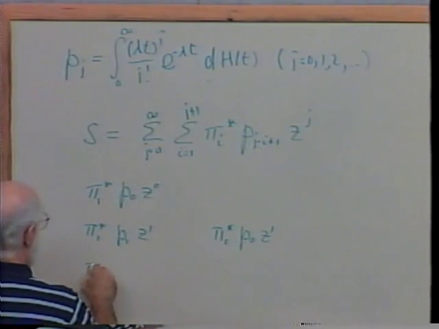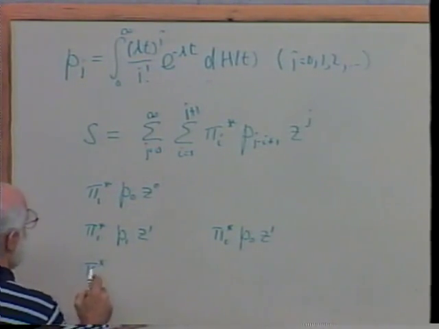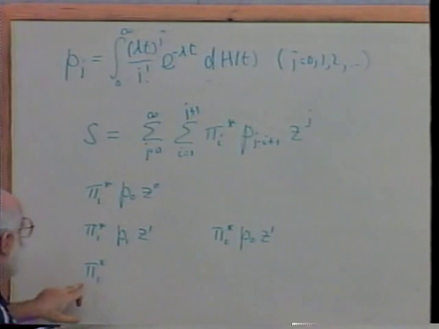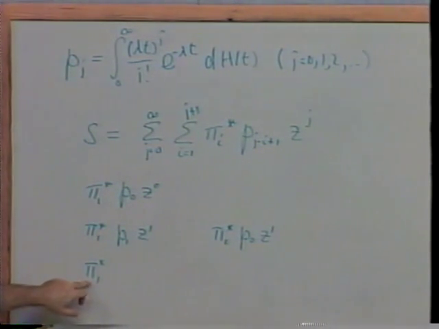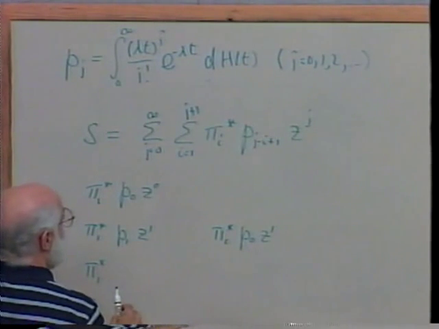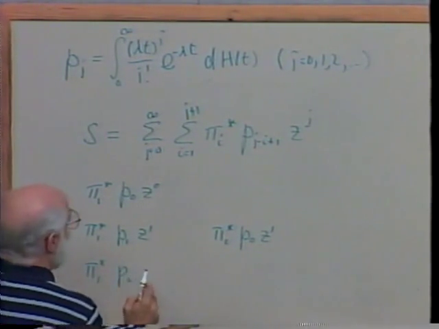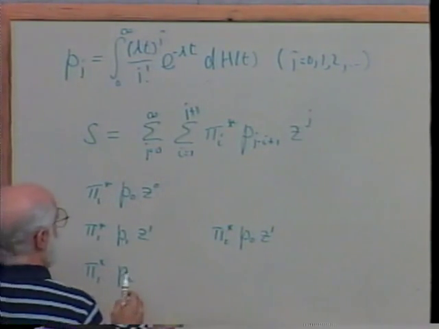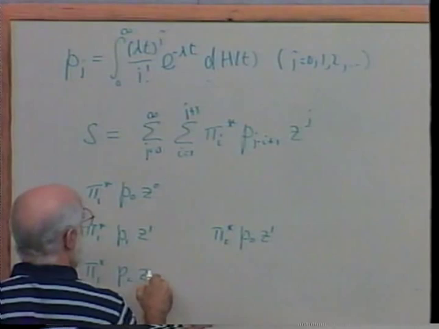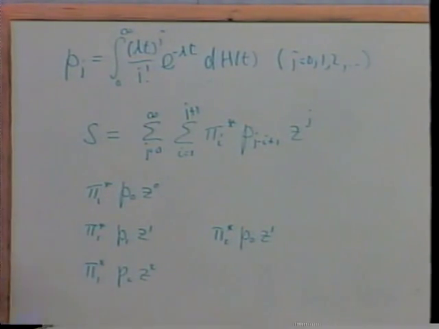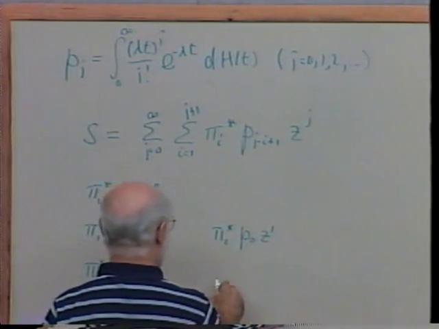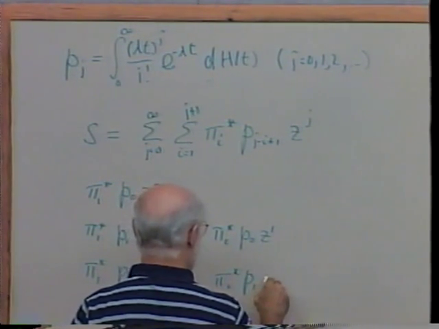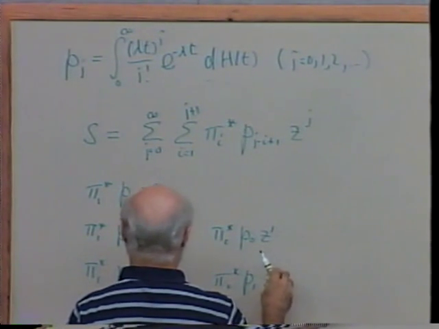Then when j is equal to 2, it's going to be the sum from 1 to 3. So there are going to be 3 terms here. The first one is going to be for i equals 1. So I'm going to get pi 1 star p2. This index will have increased by 1 because j is 1 larger. And z to the 2. The next term will be pi 2 star p1 z to the 2.